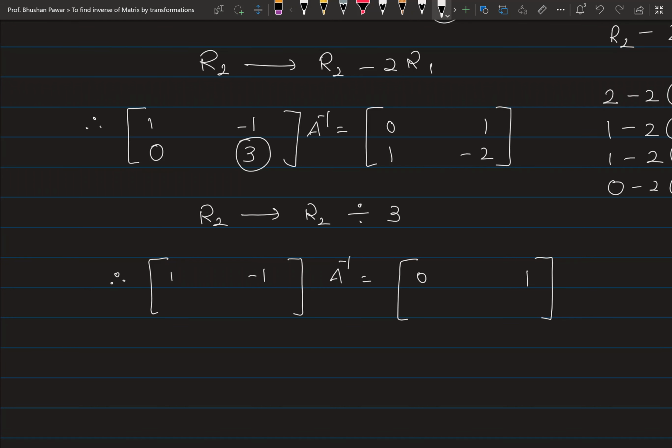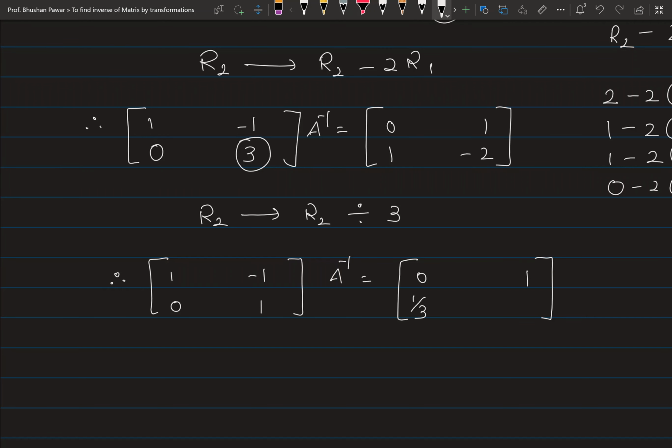Now divide R2 by 3 means each and every element of R2 will be divided by 3. So 0 by 3 is 0, 3 by 3 is 1, 1 by 3, and this is minus 2 by 3. Is it okay? Now we got here 1.